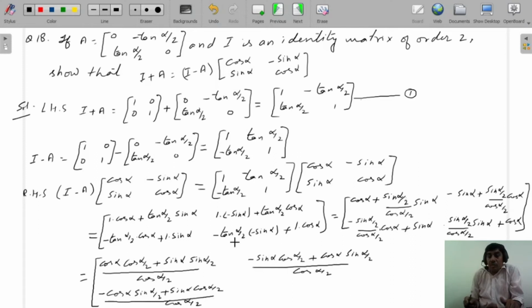Second row, second column: sin alpha sin alpha by 2 plus cos alpha cos alpha by 2 divided by cos alpha by 2.